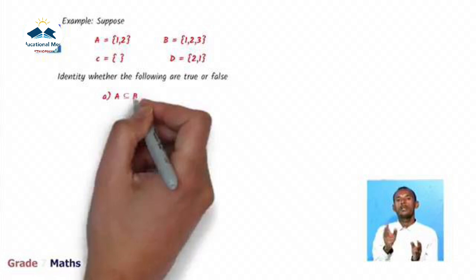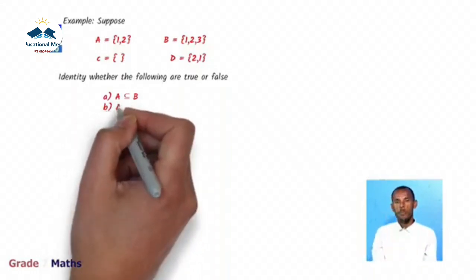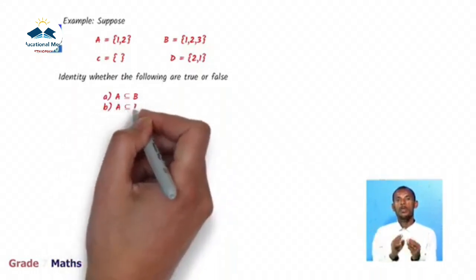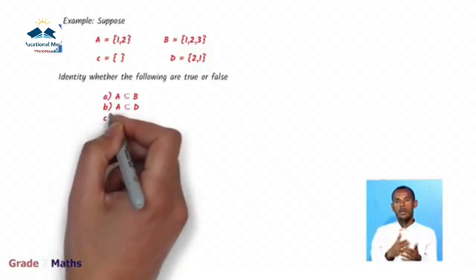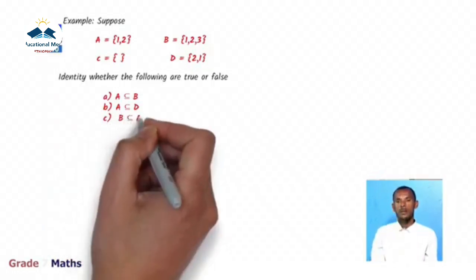Now let's see the answer first. The meaning of this one is all elements that are found in A are also found in B. Let's see the sets. Set A contains the elements 1 and 2. Set B contains the elements 1, 2, and 3.